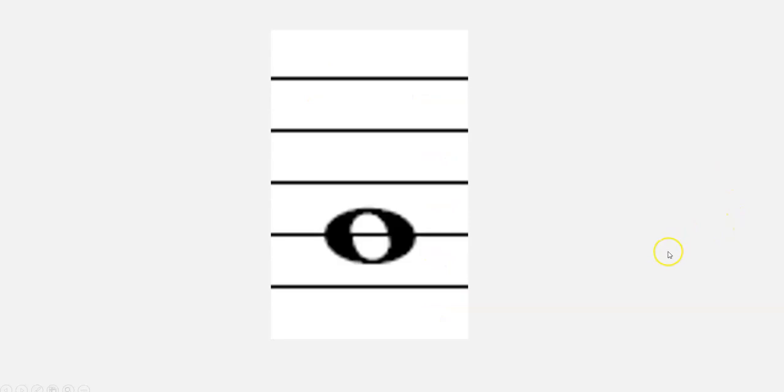That's a space note, and it's FA. That's also a space note, F. That's a line note, so we need to say the sentence. Every Good Boy Deserves Fruit. Okay, cool. It's also a line note. It's a G for Good.